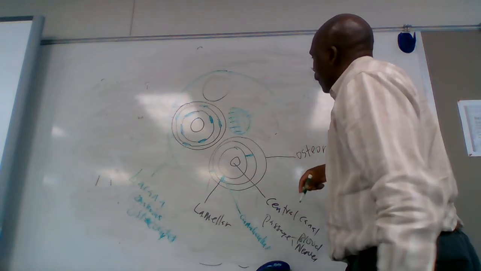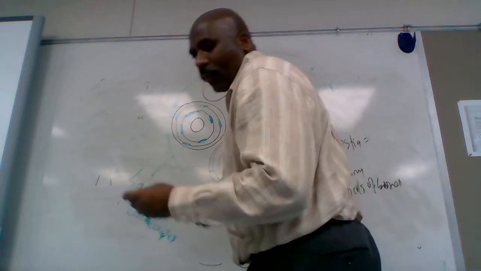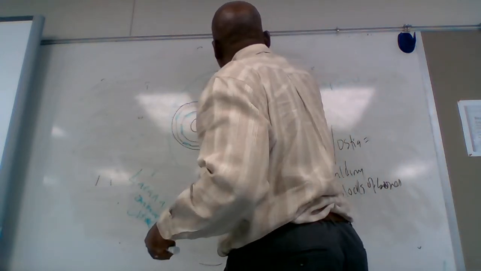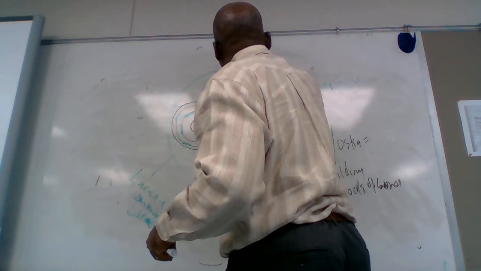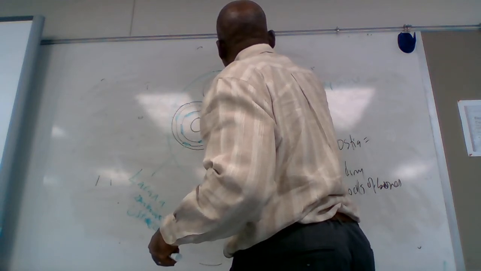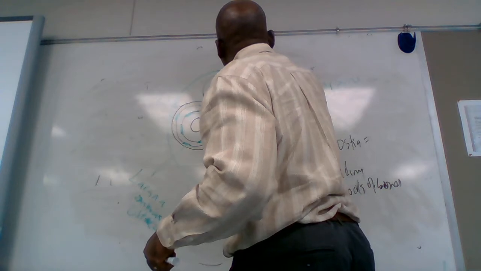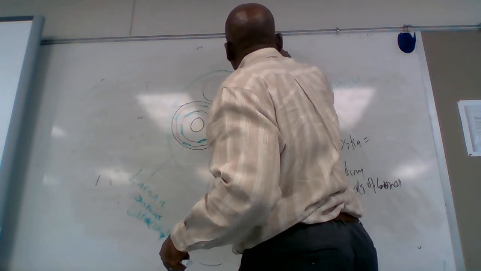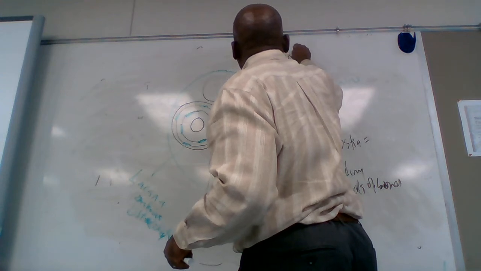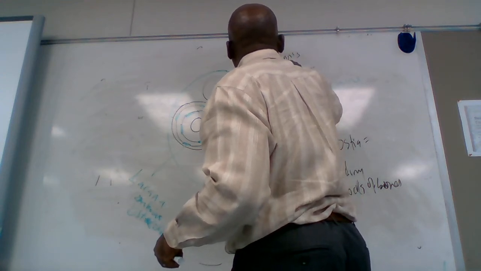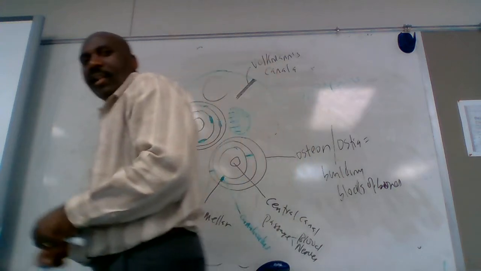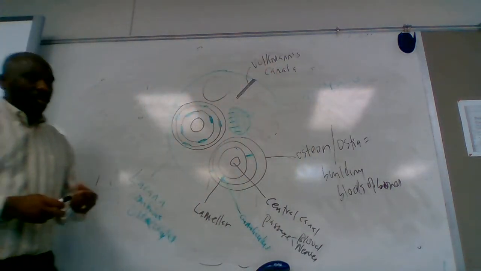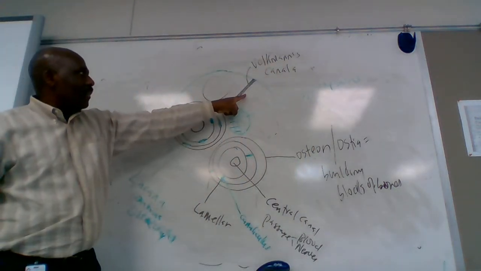Then we have some additional structures. These are called the Volkmann's canals. So an additional structure you will see is the Volkmann canal.